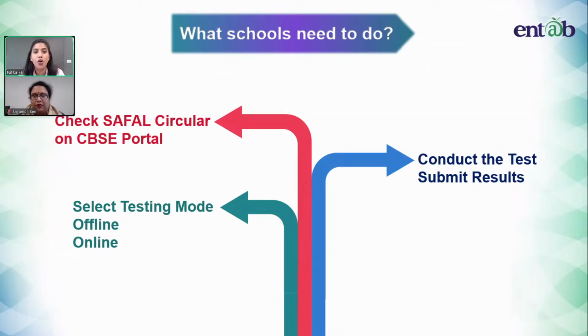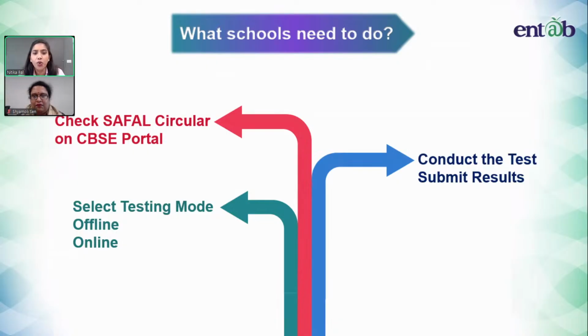If the schools opt for offline mode, schools can download and print the question papers from the portal. Students will write the answers on paper in the classroom just like a regular written test, and schools can then scan and upload them on the portal for further processing.